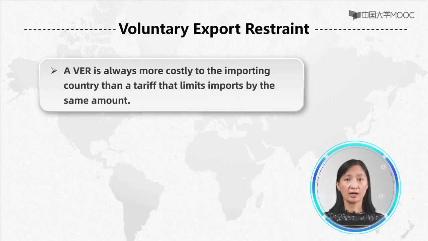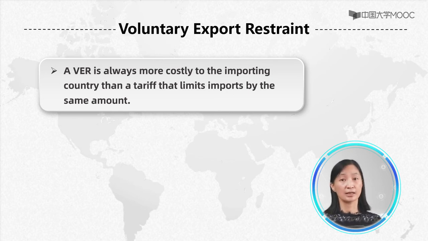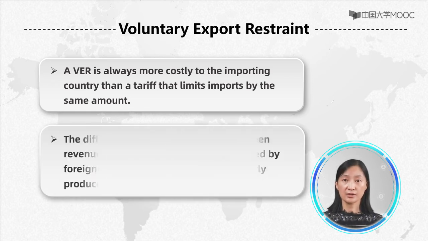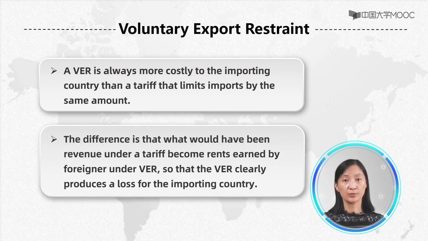A VER is always more costly to the importing country than a tariff that limits imports by the same amount. The difference is that what would have been revenue under a tariff becomes rents earned by foreigners under a VER, so the VER clearly produces a loss for the importing country.